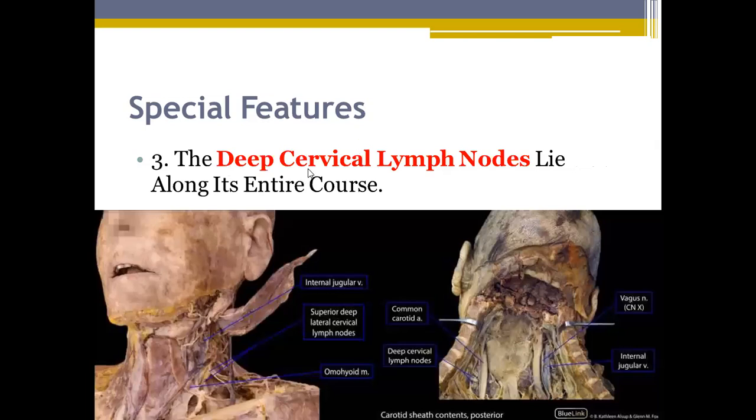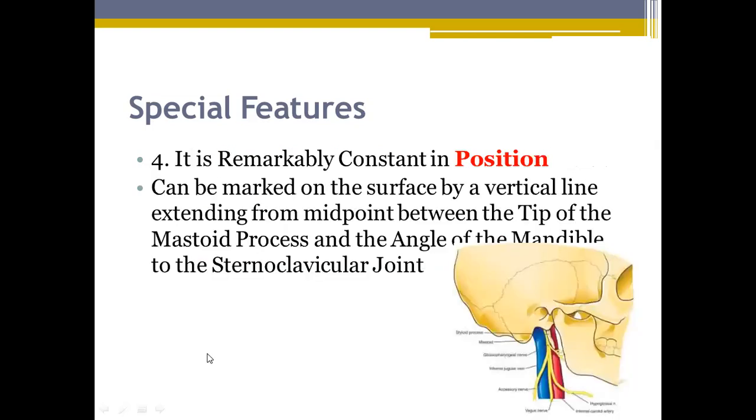Special features: the deep cervical lymph nodes lie along its entire course. So along the entire course of the internal jugular vein, you have deep cervical lymph nodes. So it is remarkably constant in position.